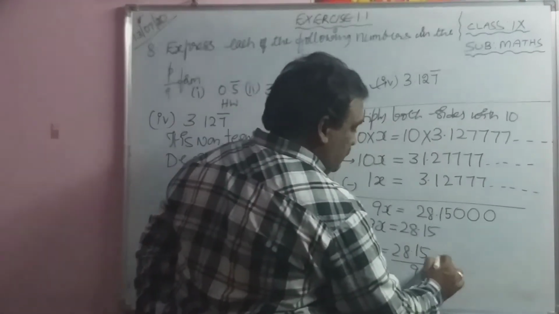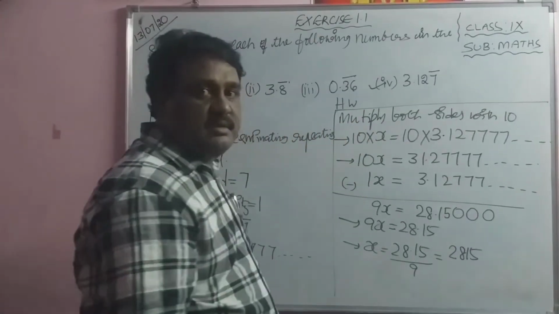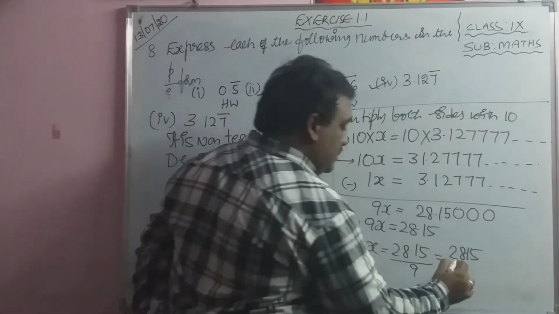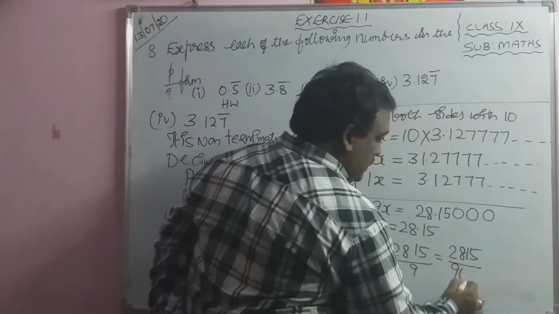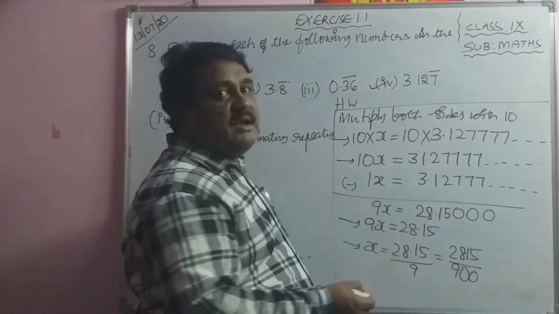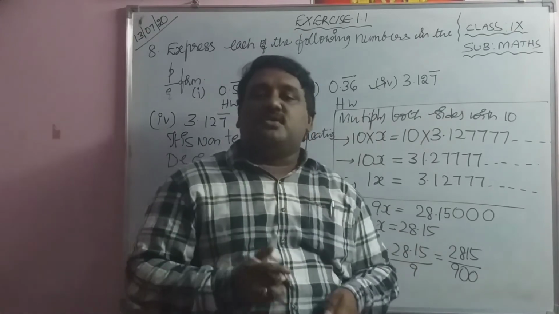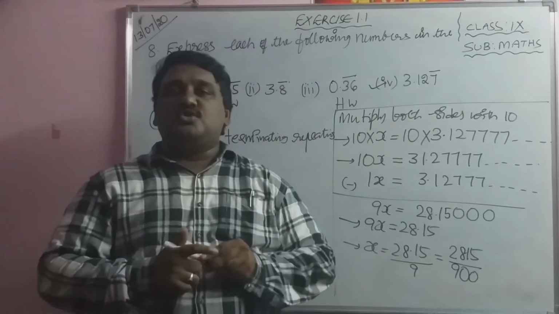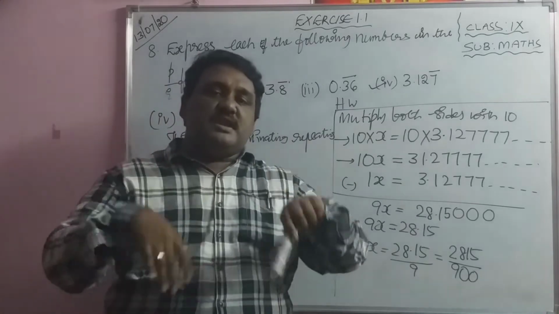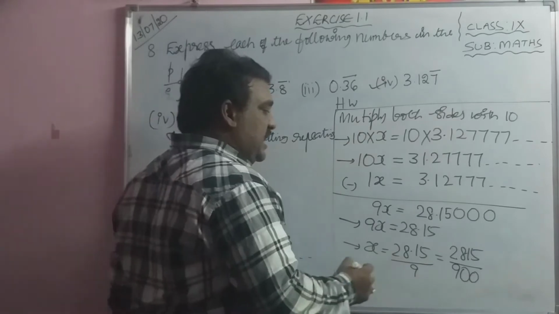Without the decimal, 2815 by 900. You know the reason? After the decimal, two numbers are there, so without the decimal, what number do we write in the denominator? Two zeros, which is 100. So it becomes 900.